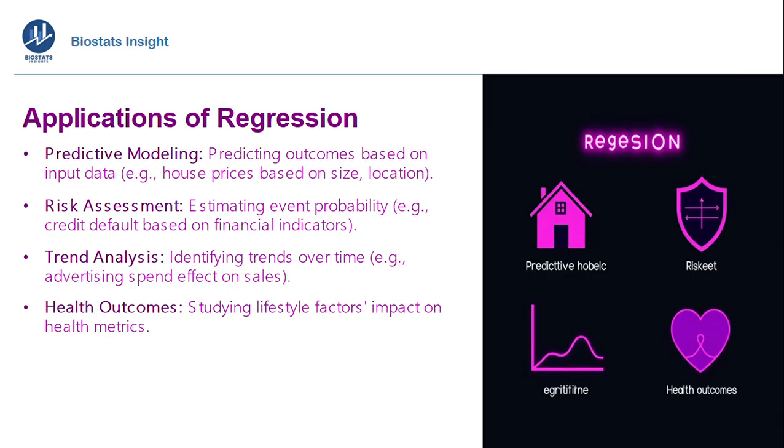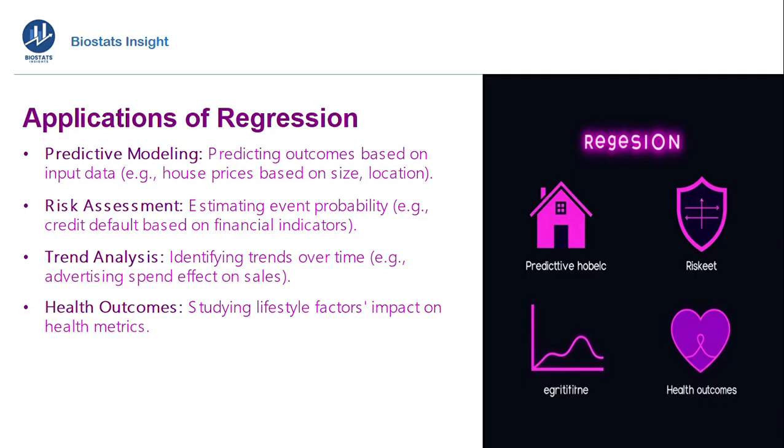Applications, for example, predictive modeling. For example, if we want to estimate house prices based on the land area, the size and the location, it will help you decide the house pricing. Risk assessment: if you are applying for a loan, the bank will assess, based on your credit score, how much loan you are eligible for.